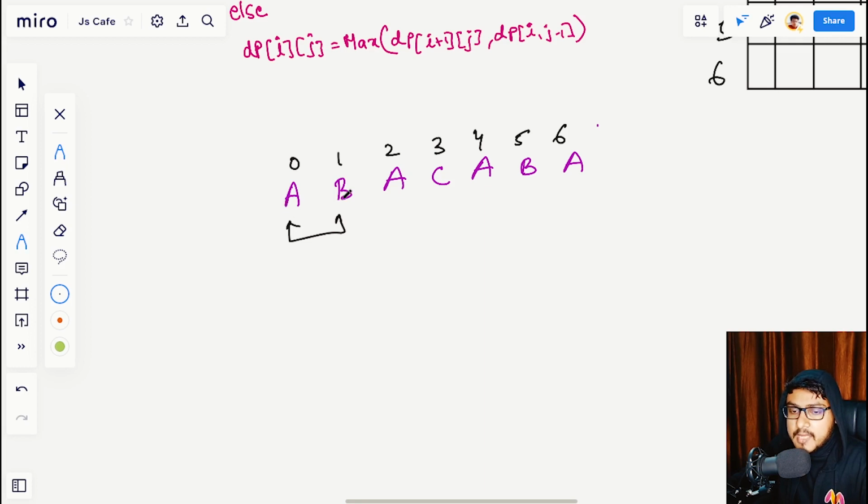And if these two, A and B in this case, are not equal, our answer would be the maximum of the LPS achieved at this position or the LPS achieved at this position, which in this case is 1 for A and 1 for B. So max of 1 and 1 is 1. Okay, so the maximum LPS which we have is 1 over here. Had this B been an A, the maximum LPS over here would have been 2.